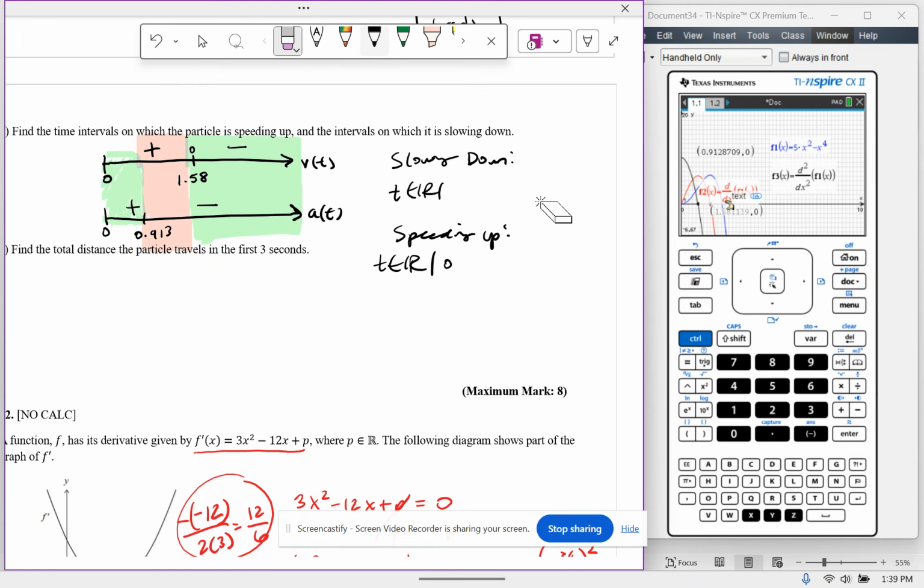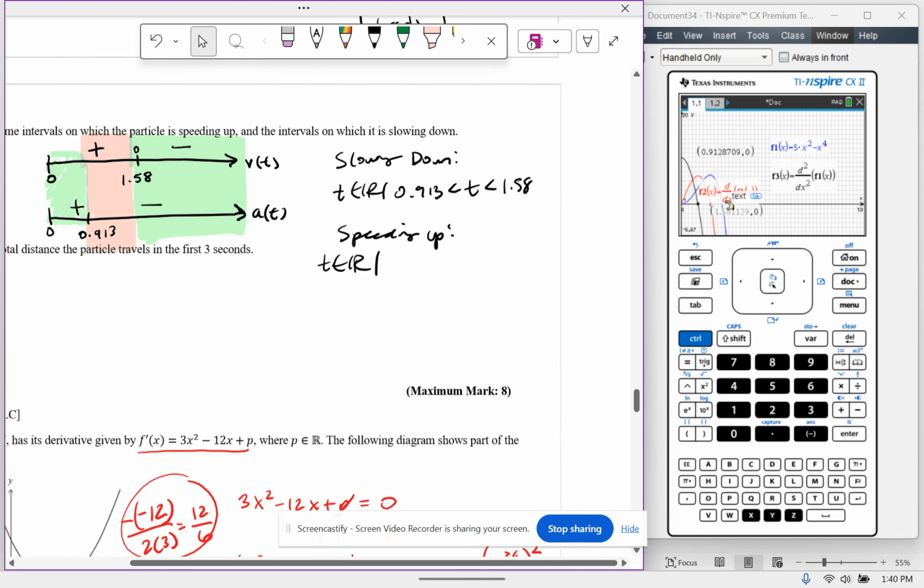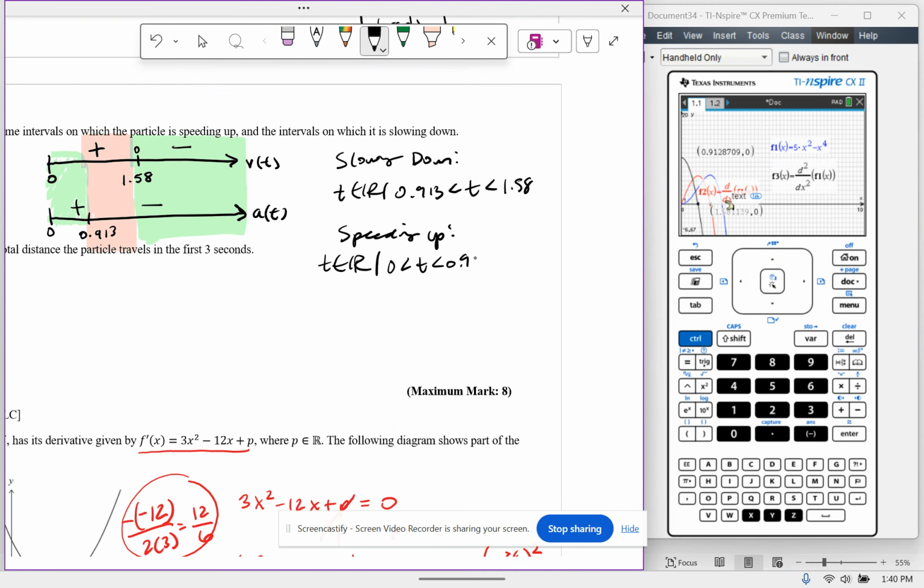Oh my gosh, let's just set this up. Okay. Slowing down from 0.913 to 1.58. Then we are speeding up from 0 to 0.913, and then again from 1.58 onward. So let's just write t is greater than 1.58. All right.